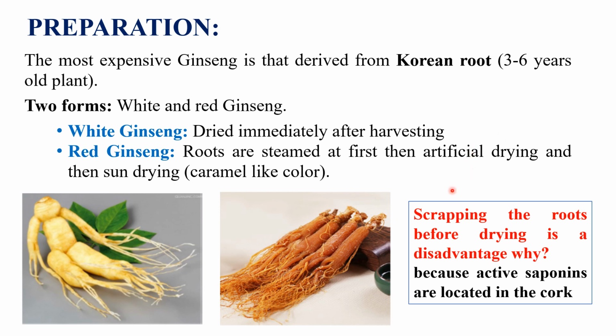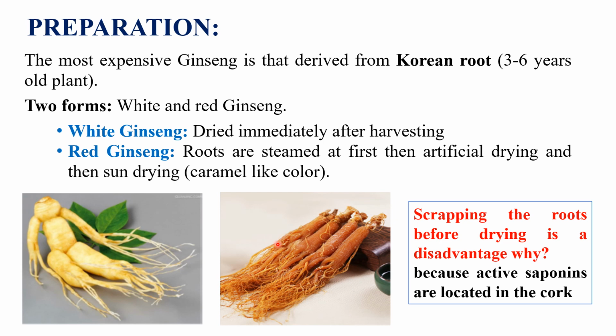In white ginseng, the root is dried immediately after harvesting. But in red ginseng, the roots are steamed at first, then artificially dried, and then sun dried. It contains a large amount of sugars, as we will see later in the section on active constituents.